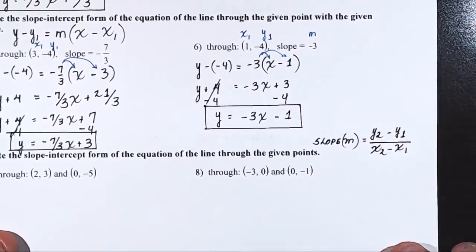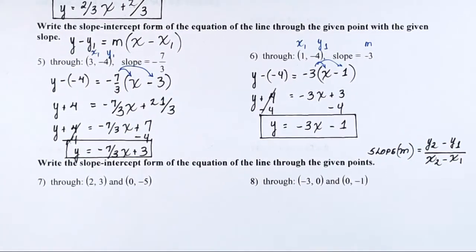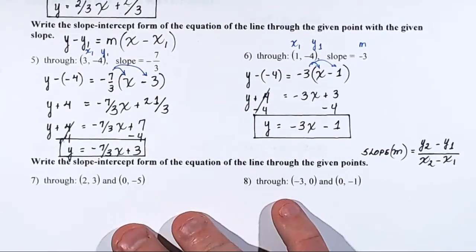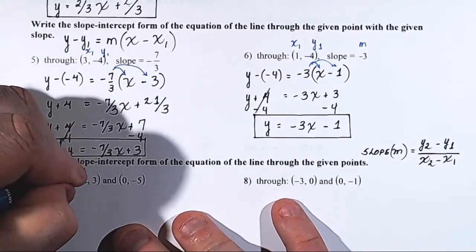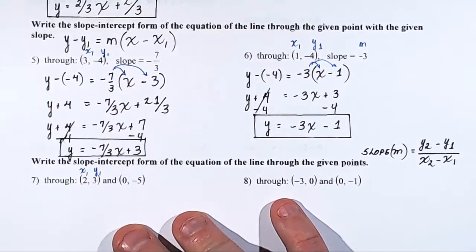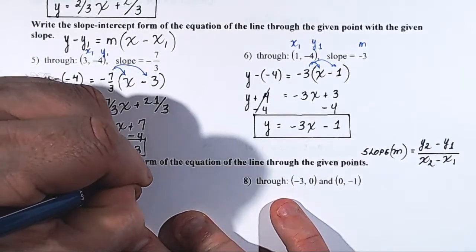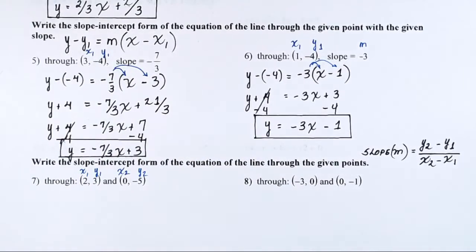We have to plug in values into this formula, so we should label our coordinate points correctly: x1, y1, x2, y2. You must label your points or you will get them confused.